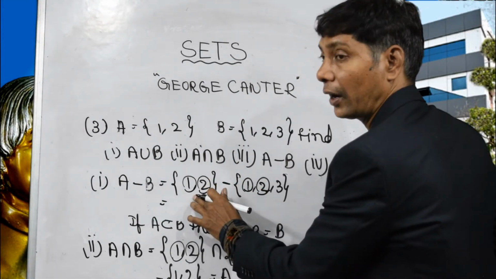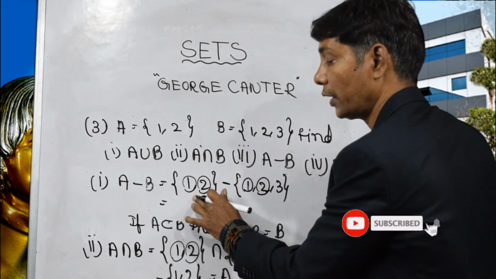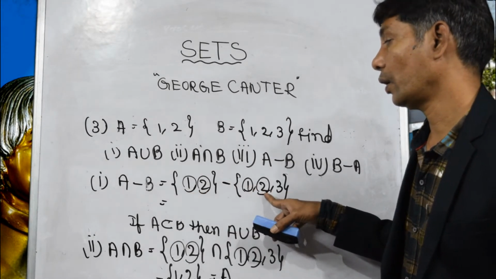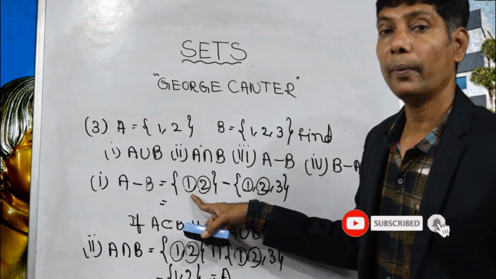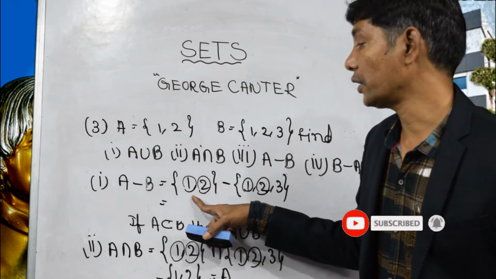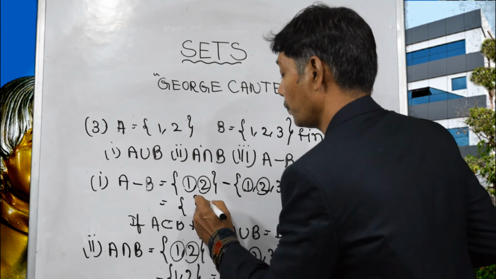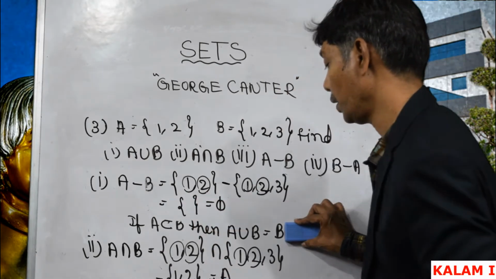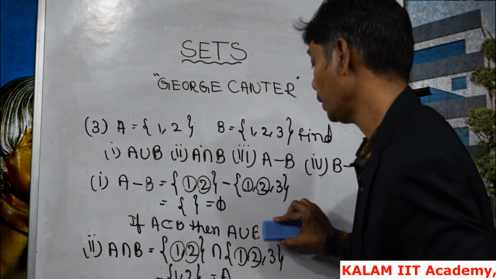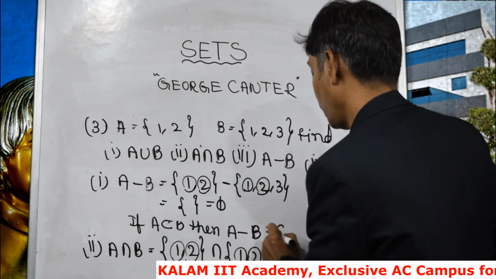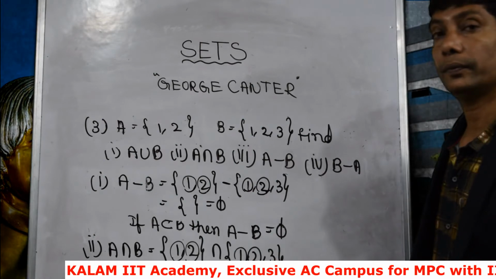Now how many elements are left in the first set? 1, 2 are common, 1, 2 common. Here no element is left in set A. That's why it is empty. A minus B, if A subset B, then A minus B is always empty.